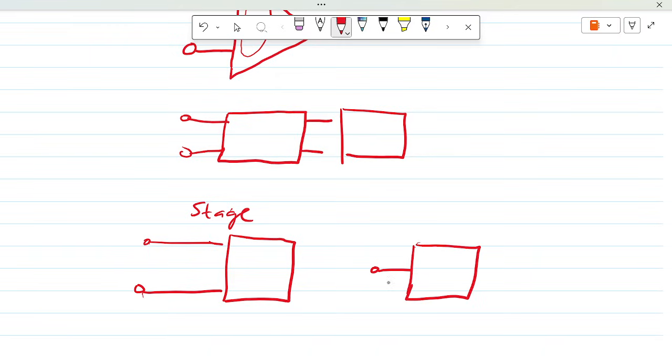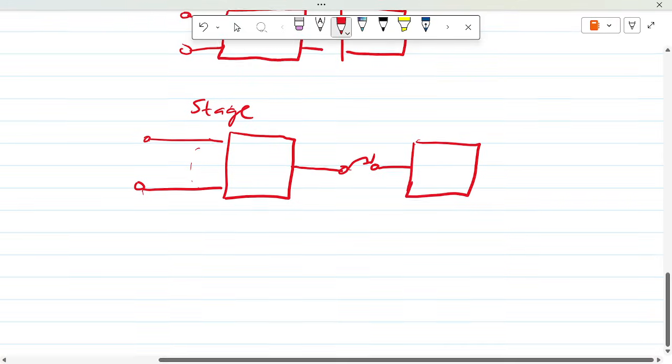In that case, we want to find ways of converting the differential input into a single-ended output to feed the following stage.